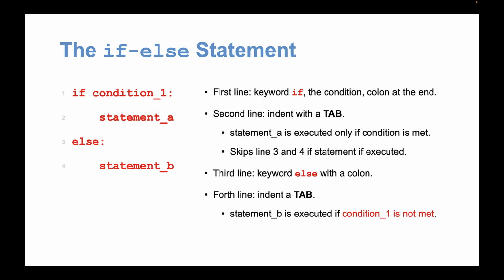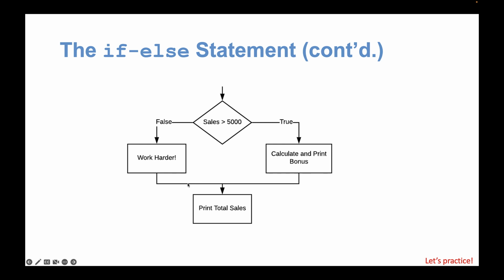Again, colon, and we write the action we want the program to take if this other condition is met. Basically we say if the outcome of this condition is true, do this, otherwise, if the output of that condition is false, do the second statement. If the condition is not met, do the second statement. So how many else can we write? As many as we want.